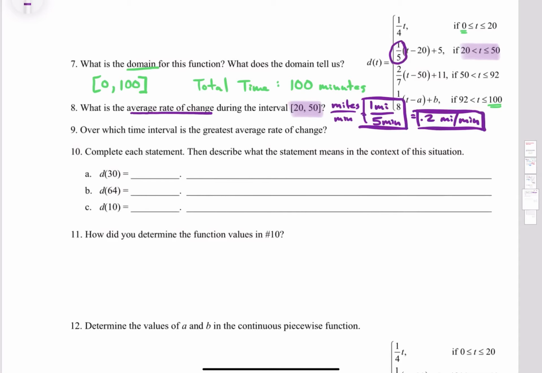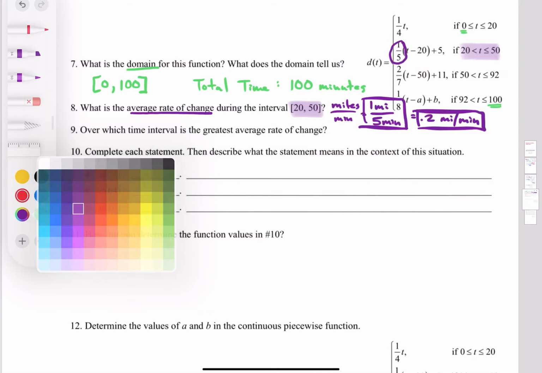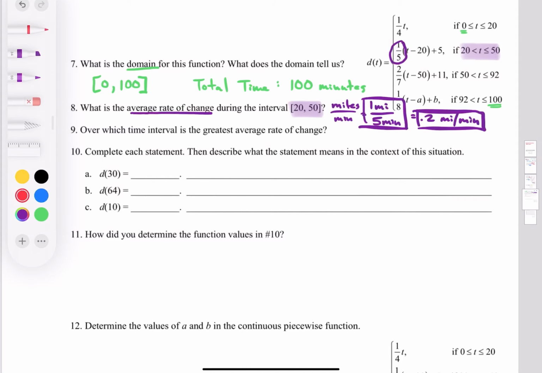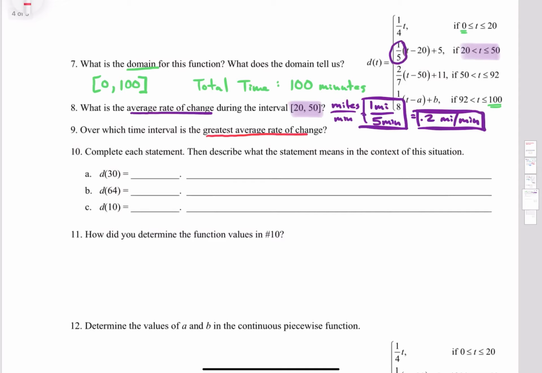All right, now if we take a look at number 9, it says, over which time interval will have the greatest average rate of change? So we want to know which one has the largest slope, the greatest average rate of change. So if we take a look at each of our slopes here, you could either try to compare them in terms of these fractions, or you may want to change them into decimal form.